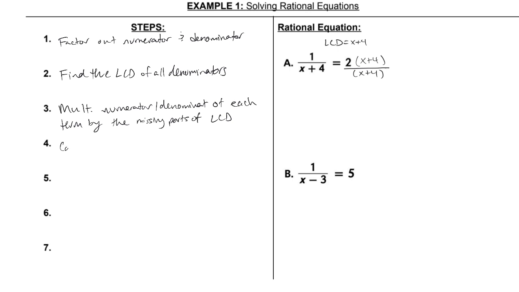Now, we're going to cancel any factors. And then we can't cancel any factors. We're going to get rid of the denominators, so this step is big.